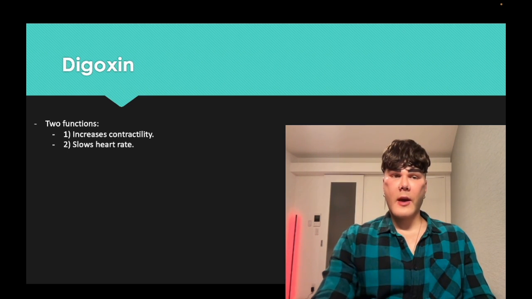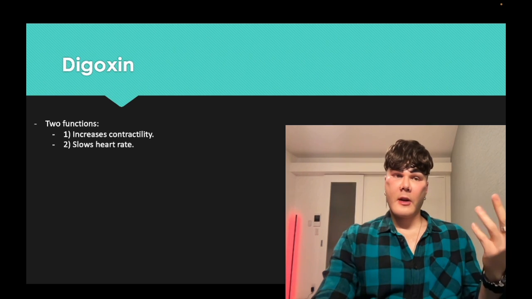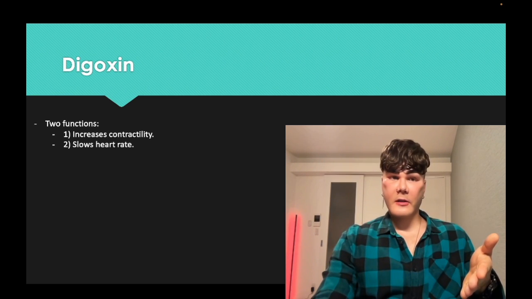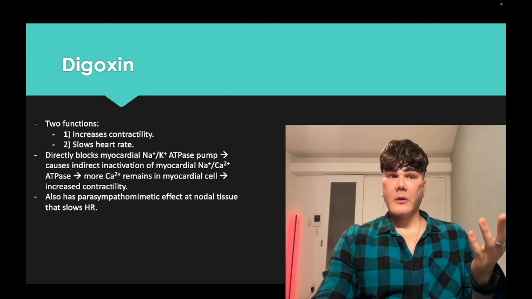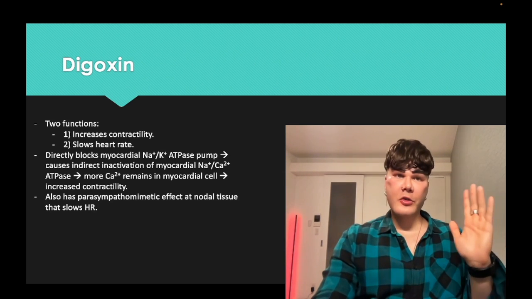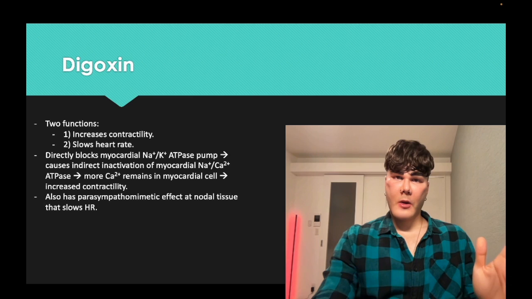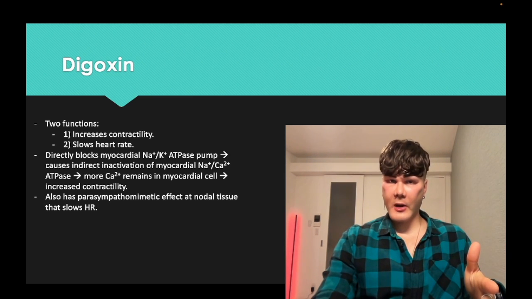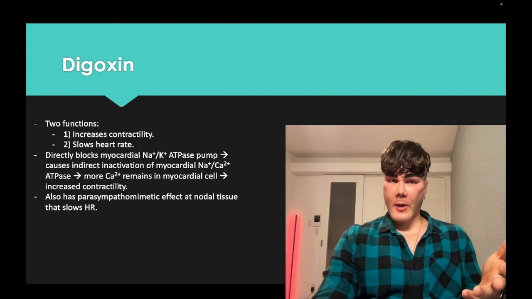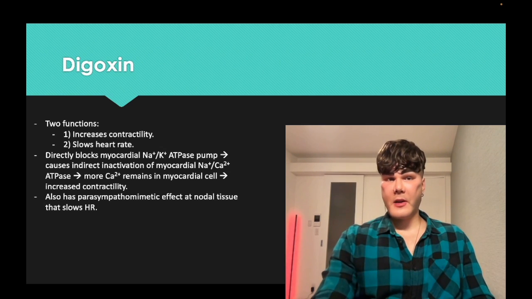Okay, so digoxin, I want you to know for starters that its two functions are it increases contractility and it slows heart rate. Now, in terms of the mechanism, you actually don't have to freak out. To conceptualize it, you can pause the presentation and read this a bit more if you want, but you're blocking the sodium potassium ATPase pump.